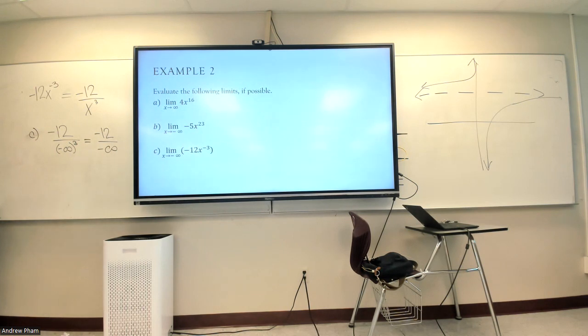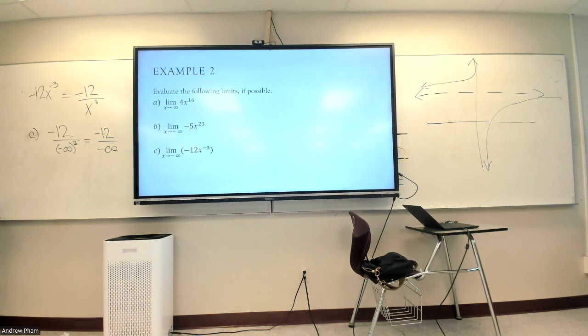But what's going to happen here, though? What do you think happens whenever I put negative 12 over a huge negative number? Like, let's say negative 12 over negative 10 million. What do you think is going to pop up? Yeah, it's going to be positive, and it's a tiny number.